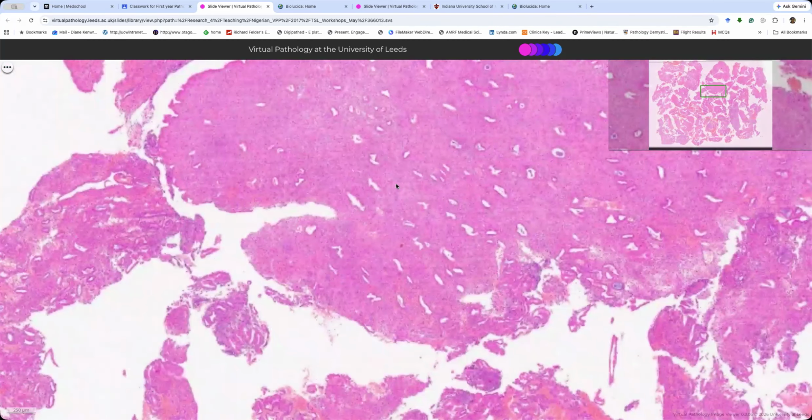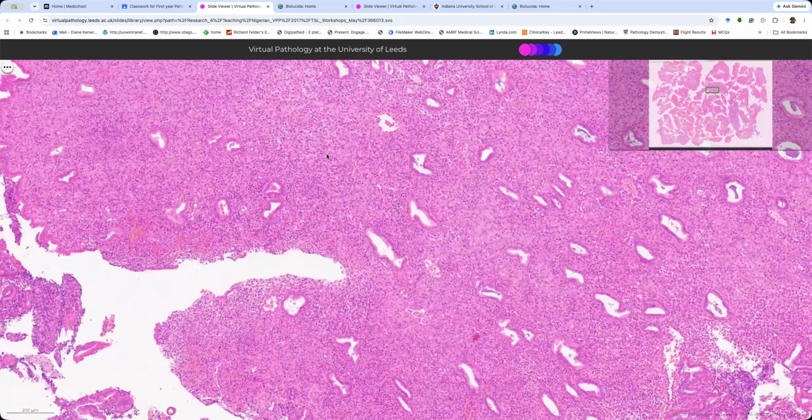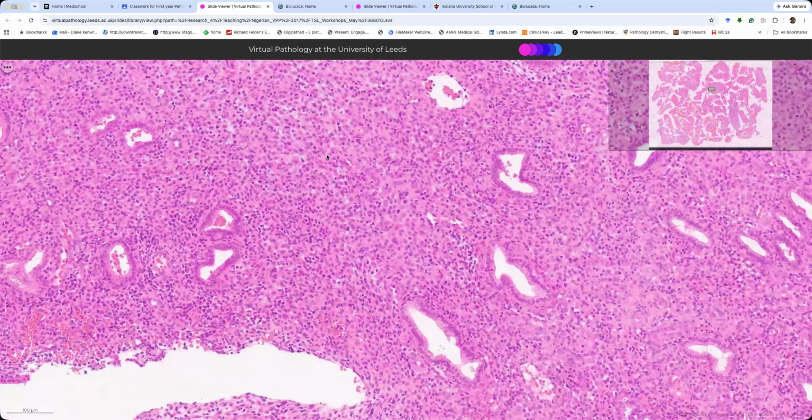Pink can mean the staining's not gone so well. That is the first thing. Pink can mean that it's a polyp because the stroma is often quite fibrous. Pink can mean progesterone, and I wish there was some kind of mnemonic there. Progesterone, pink, polyp is probably the best you can do.